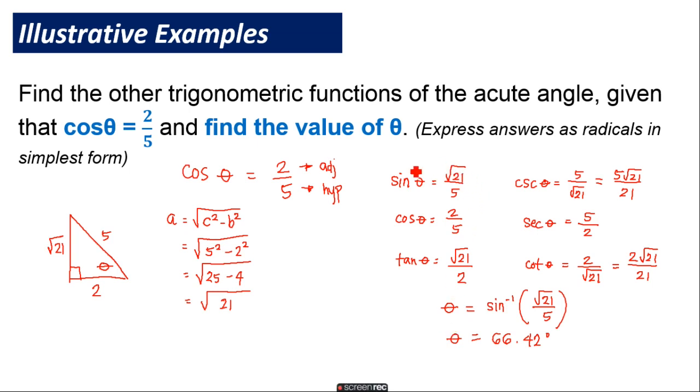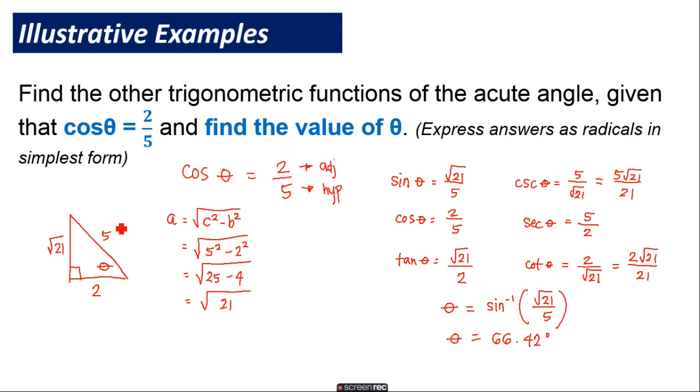We found out already all of the trigonometric functions as well as our angle. So let's just review the procedure. The first thing to consider is to get the ratio and then identify the positions based on our theta.